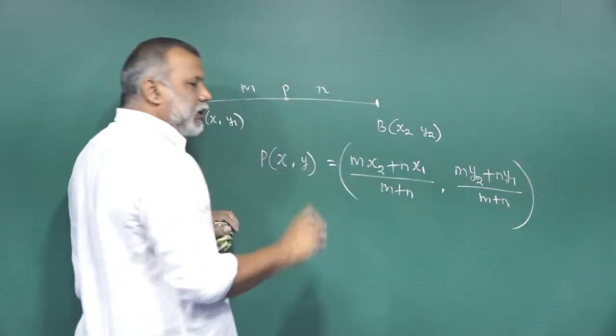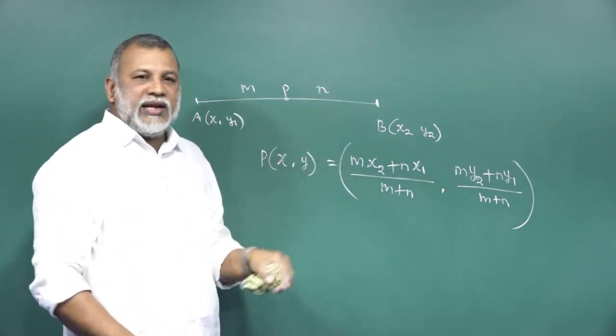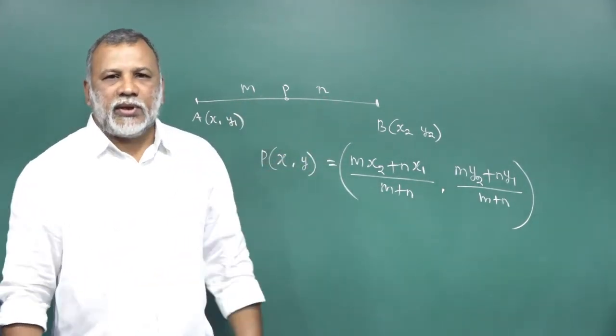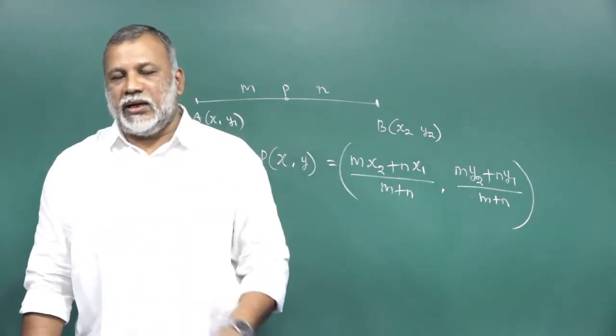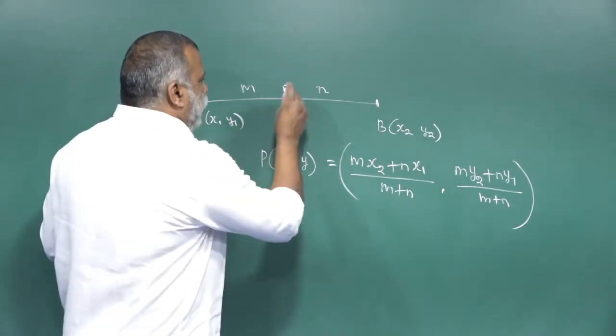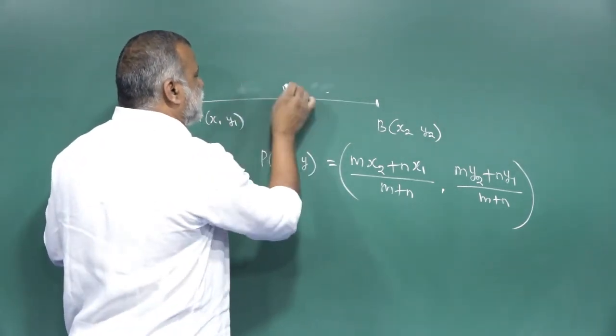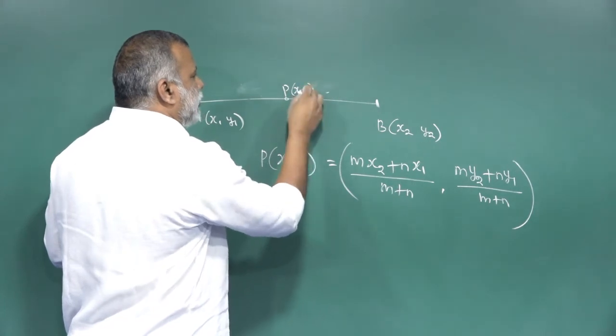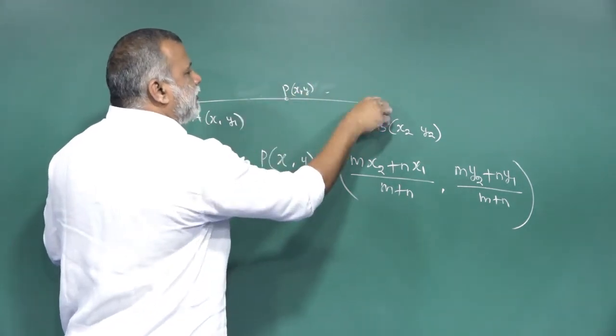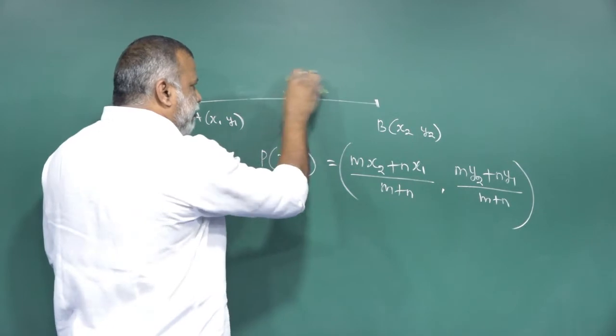Just now we proved this one. P divides the line segment in the ratio m is to n. Instead of the ratio m is to n, I am selecting P of x comma y as a midpoint. This P of x comma y is the midpoint of this line segment. What is the meaning of midpoint?